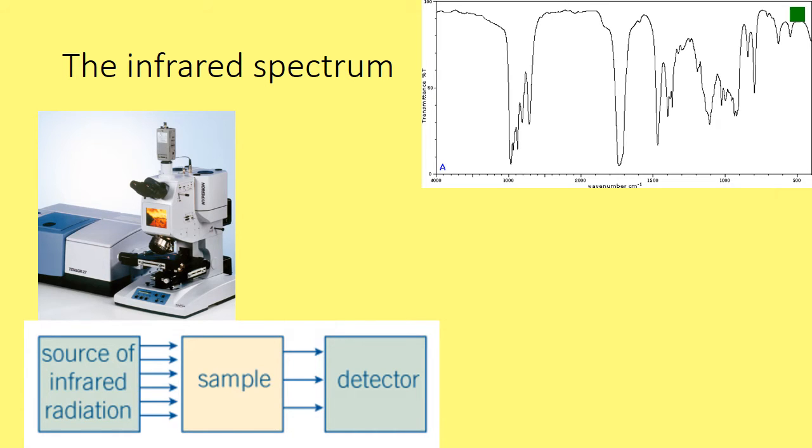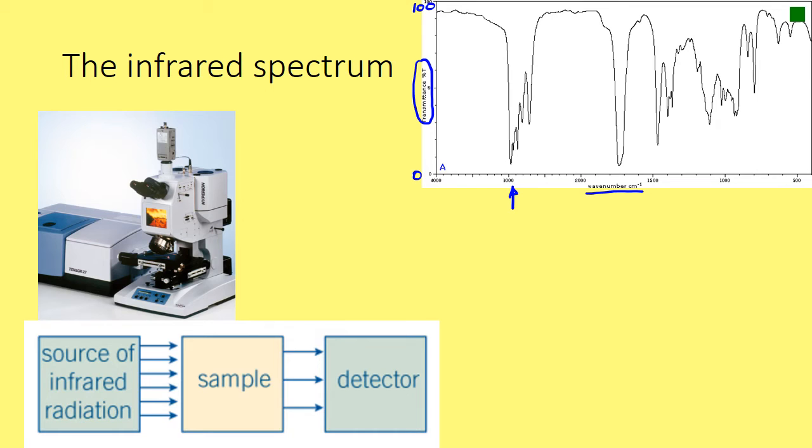And the graph sort of looks like this. And unclearly, you can see here, this is transmittance. Okay, and this is 100 at the top and 0 at the bottom. So if you're shining the infrared radiation on a molecule, most of it's passing through. But at a particular wave number, here's the wave number along the x-axis, take this one for example, that clearly resonates with a bond that's in the molecule of the sample, and so that has not passed through.